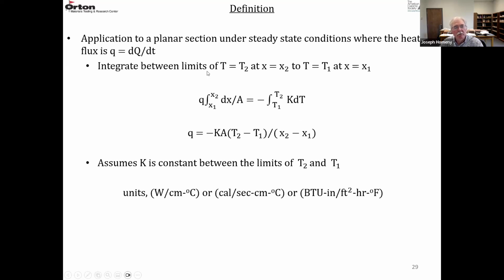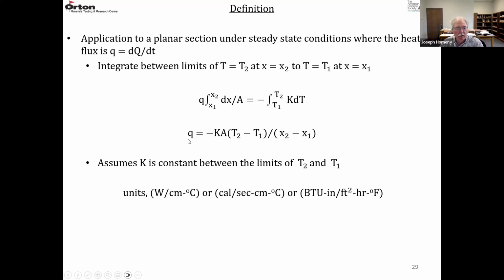So we integrate between the limits of T equals T2 at x equals x2 to T equals T1 at x equals x1. So we rearrange this equation and integrate it. The integral from x1 to x2 of dx over A equals minus the integral from T1 to T2 of K dT.